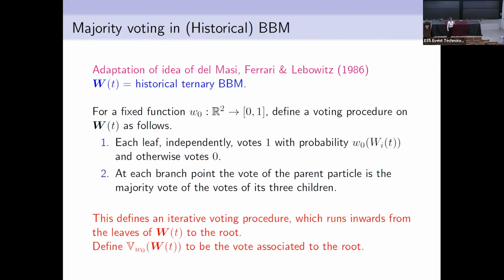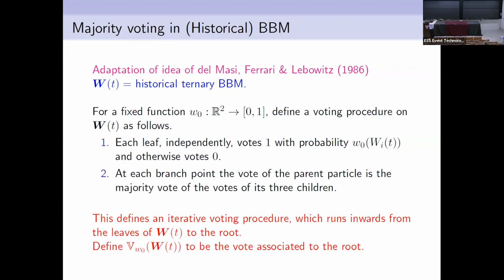And I use that number as a probability in a coin tossing experiment. So my coin comes up heads with probability W_0 evaluated at that leaf. If it comes up heads, the leaf votes 1. If it comes up tails, the leaf votes 0. And I do that at all my leaves.